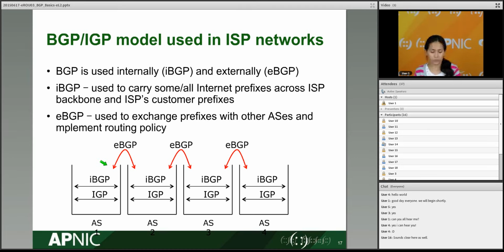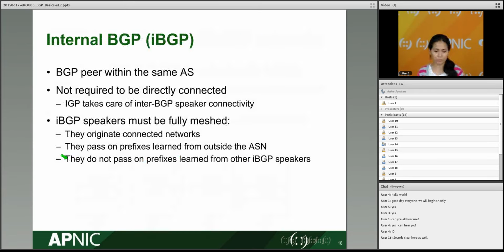That's the main difference between iBGP and eBGP in a sense. Just remember this bucket when you are thinking about iBGP and eBGP. iBGP is within the network. You forward prefixes that are learned from outside, either from a customer or from the internet, to all the routers within the network if it's iBGP.